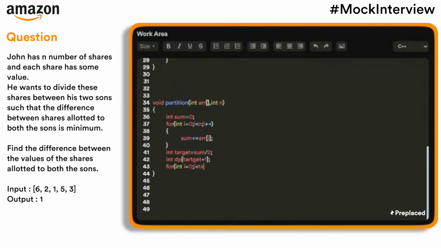Okay. Do you think a 1D array is sufficient? Yes, for this question I think I can do it with one dimension. Okay.